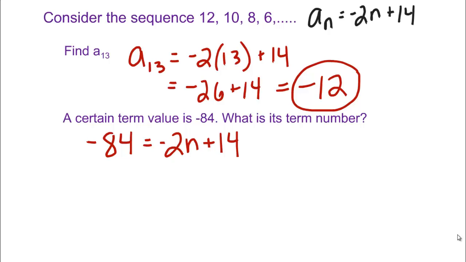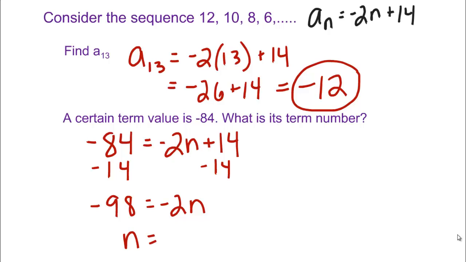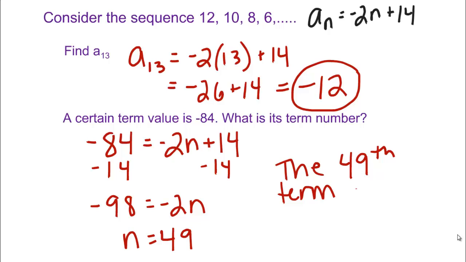We can subtract 14 from each side, and we get -98 equals -2n. Now I can just divide both sides by -2, and I get n equals 49. So its term number is 49. Or I can say the 49th term is -84.